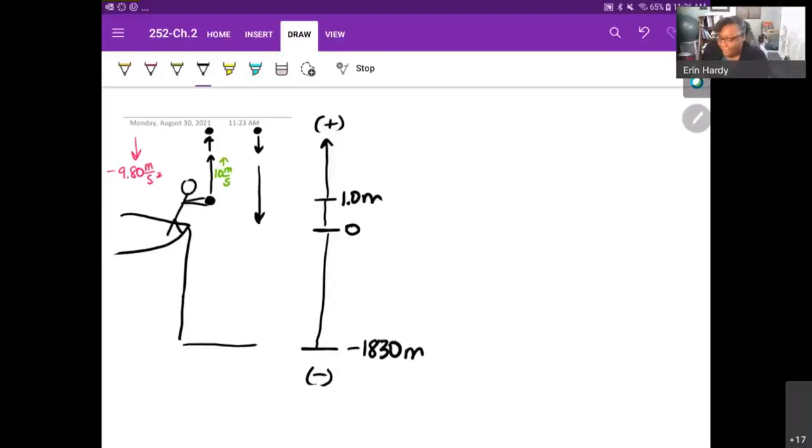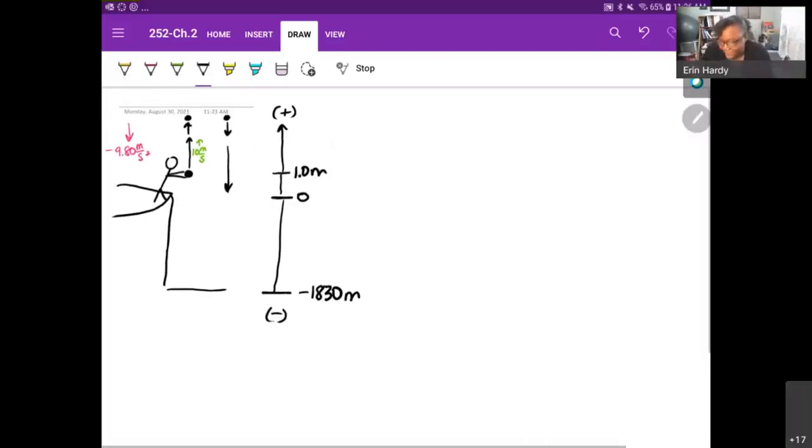Okay, so what we have to figure out here is how long the rock's going to be in the air. That's the first part of this. And we know that the acceleration that the rock is going to experience is going to be consistent the entire time. So Earth isn't going to pull on the rock harder when it's closer to the bottom of the canyon or less when it's further away from it. So here's our first question. How long is the rock in the air?